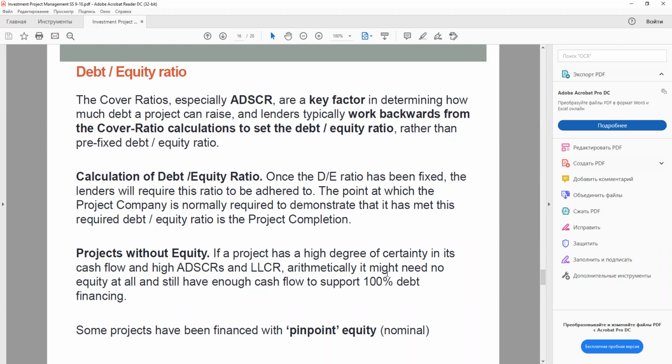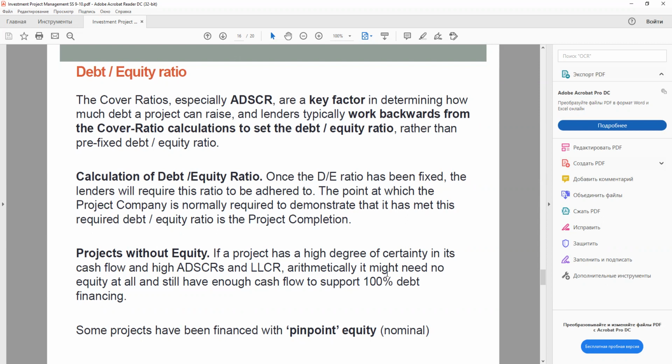It should also be borne in mind that the debt equity ratio is not a constant figure. In fact, the ratios above only apply at one time in the project life, that is the project completion.